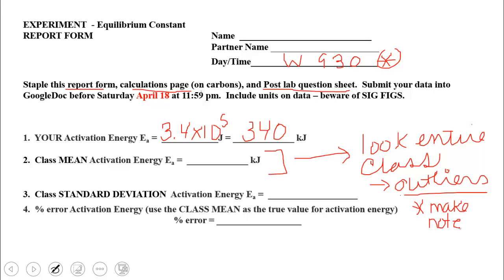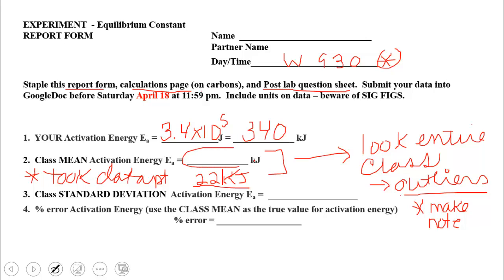So if you take out someone's data on your report sheet, you'll say, I took out data point 22 kilojoules in my calculation, okay? Because, again, it was so far off of everybody else's.